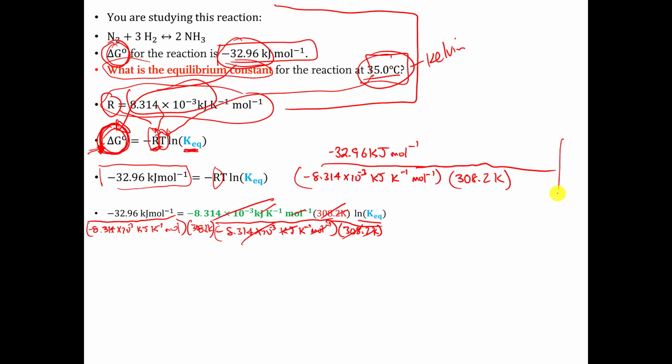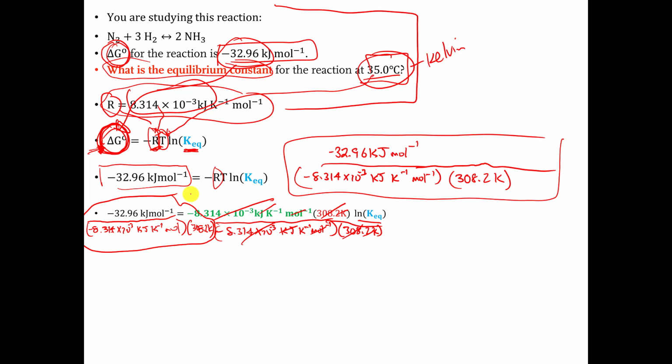So this right here is this part here, the left side of the equation, before I do the division out, but just so that you can see it more clearly because it's all smushed up over here. The one thing that I want to point out is you're dividing a negative by a negative, so those will turn into a positive. You have kilojoules in the numerator, you have kilojoules in the denominator, those will cancel.